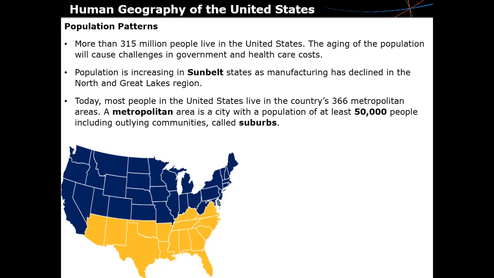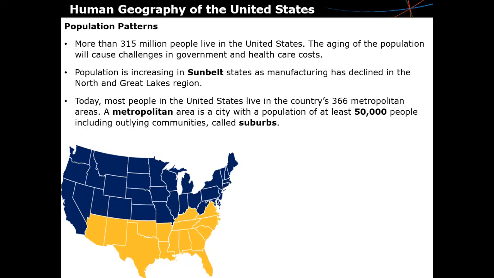We'll get into the population pyramids and why those are important. But that aging of the population is going to cause a lot of challenges in government and healthcare costs. And that's a lot of what you guys will talk about in a couple of years in government and economics. And we'll go through the problems that happen when you have an aging population like you do in the United States in about a week and a half.